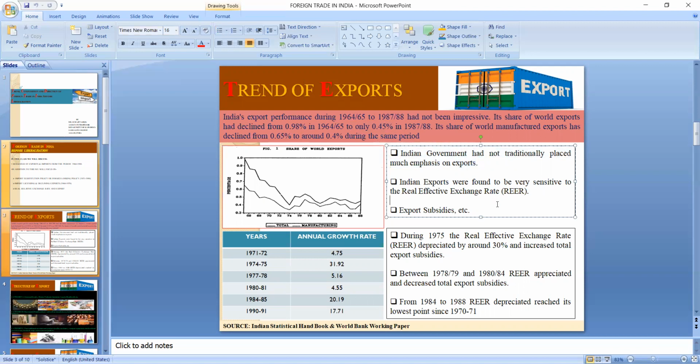So during the planning period, 1951 to 1970, the Indian government had not given much emphasis to exports. The basic focus of the Indian government was to improve the productivity of the Indian economy, the establishment of industrial projects and irrigation projects.